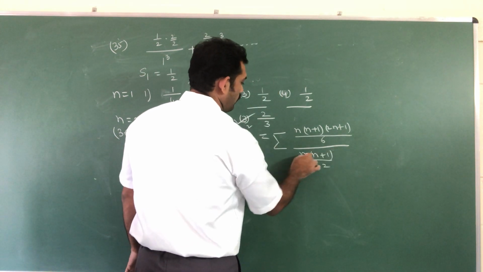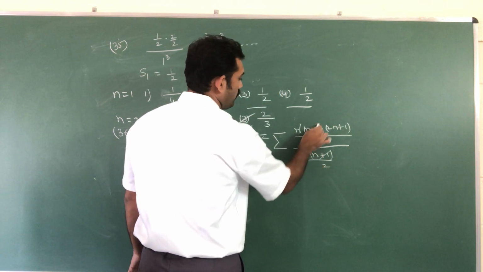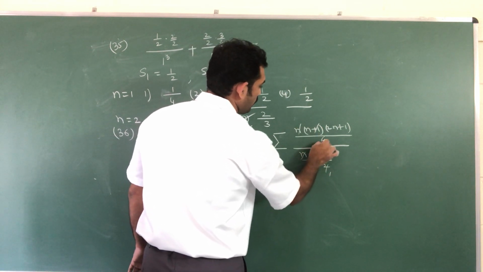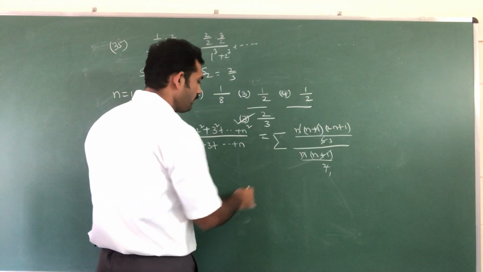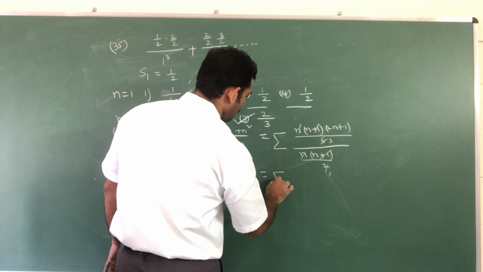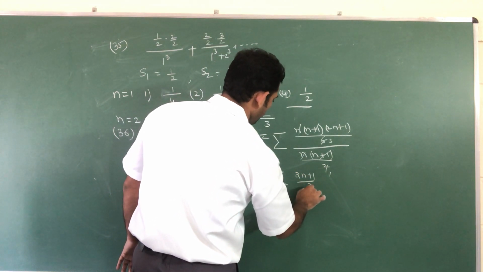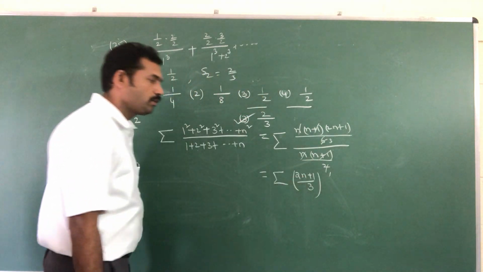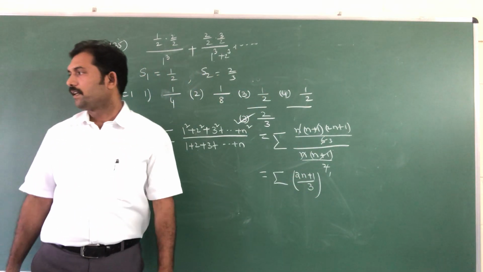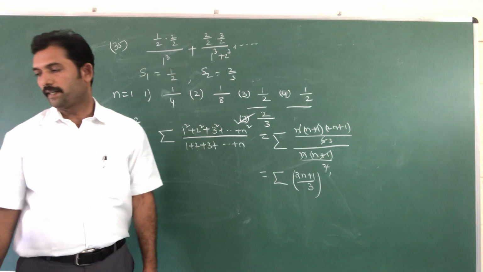So n cancels, n plus 1 cancels, 2 ones and 2 threes. Remaining is sigma 2n plus 1 divided by 3. 2n plus 1 divided by 3 only there.